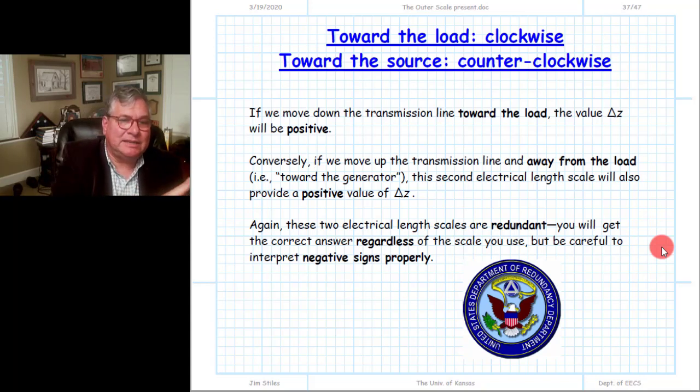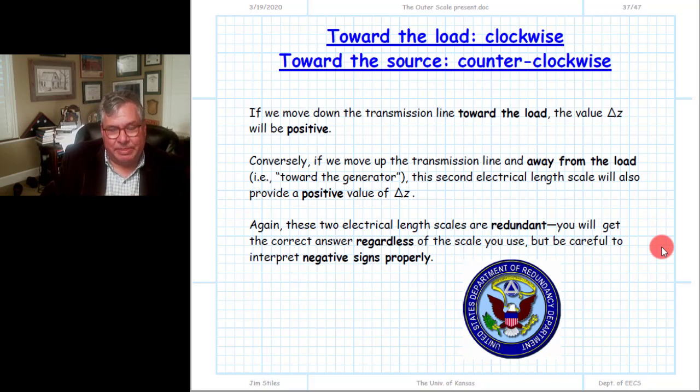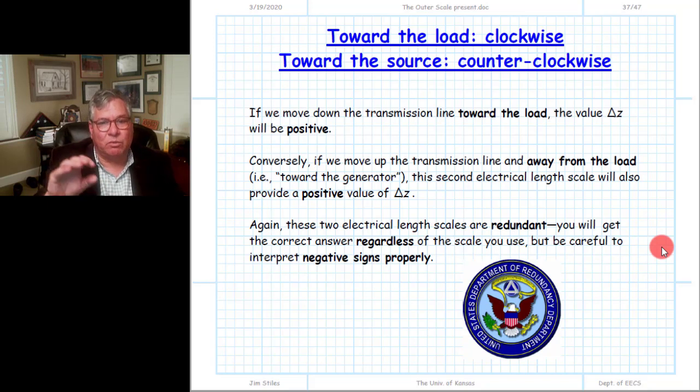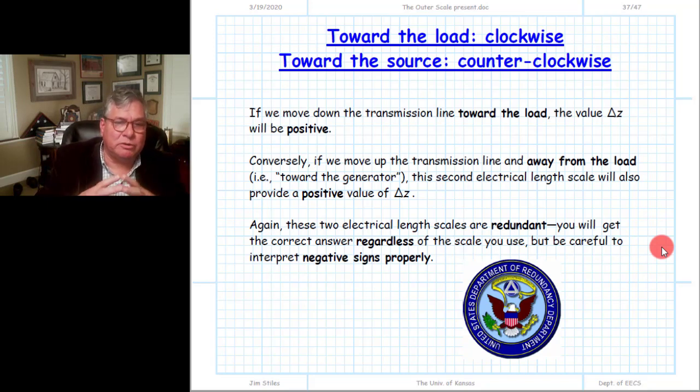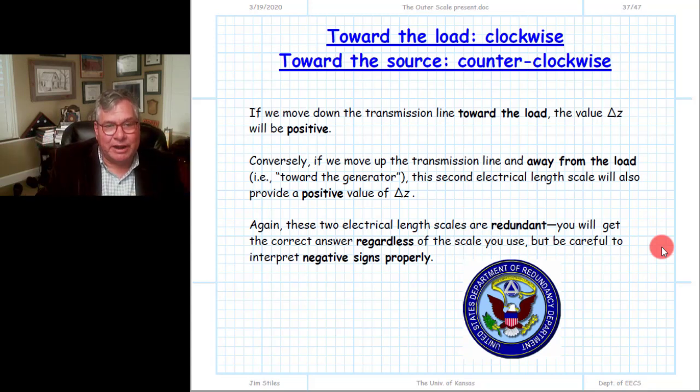The direction of increasing Z is really a direction that is moving away from the load toward the source. And so if we have problems where we start at one point and we move away from the load toward the source, we might want to use the outer scale which is the direction toward generator, because as we move in that direction, we'll find the index is increasing.